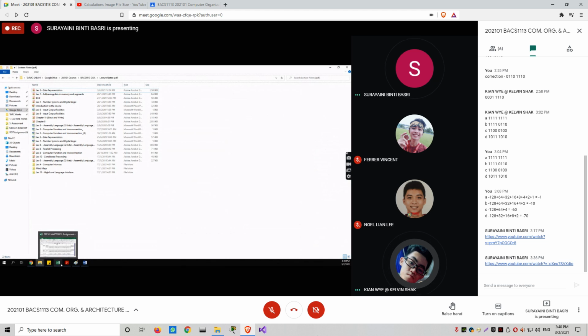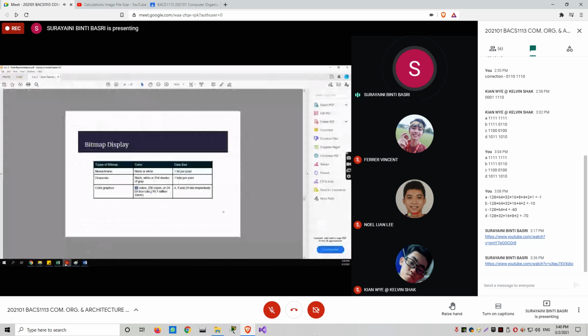Then how do you get the 8 bits? How do we get the bit depth? The question is how to get the bit depth. For example, the color graphics, it says here that there are only three categories. First is 16 colors, then the second is 256 colors, and then the third is this one.